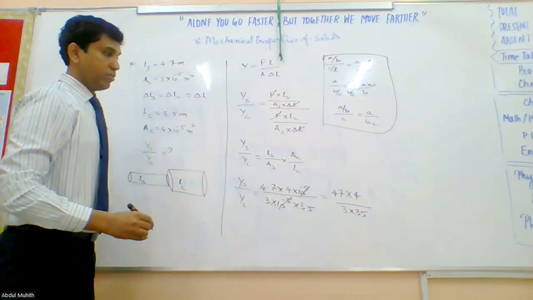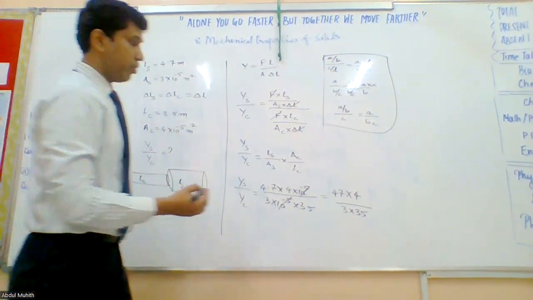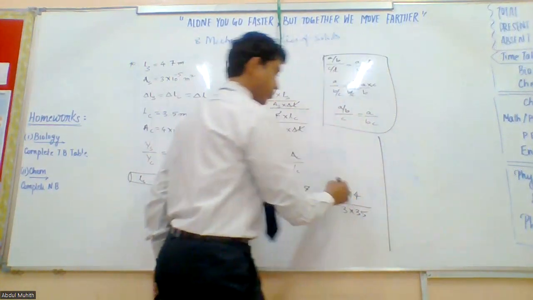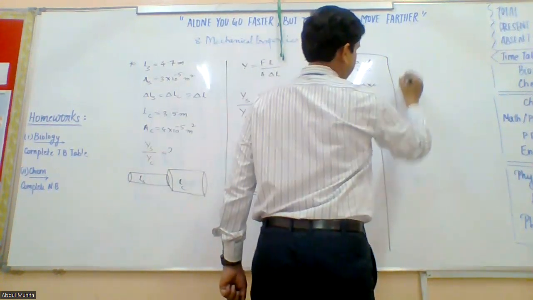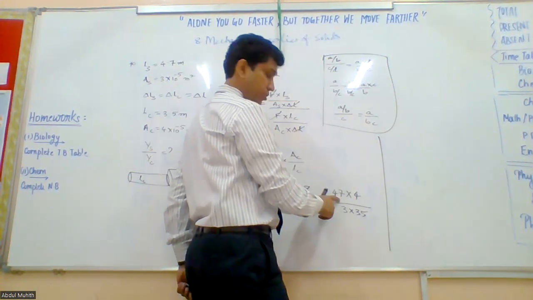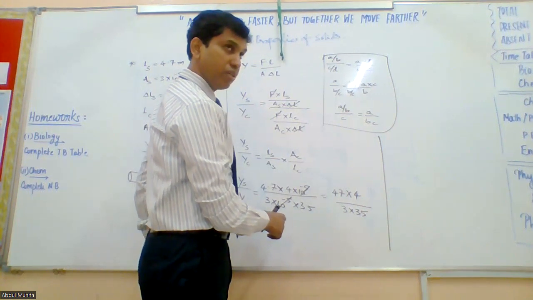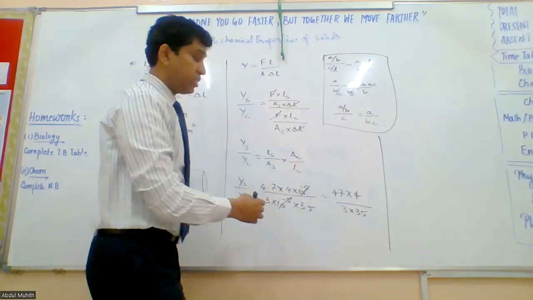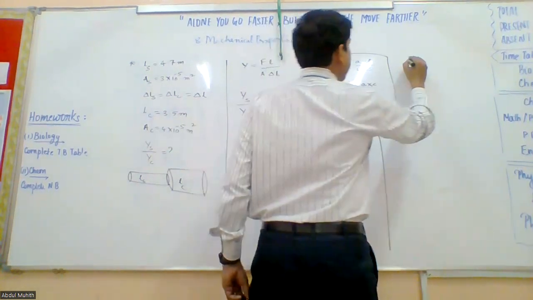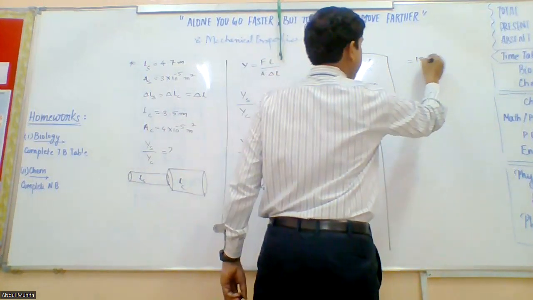You can multiply by 10 on both sides. 47 into 4, how much? 188.